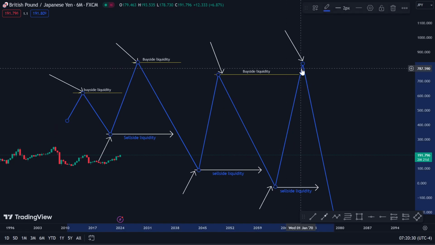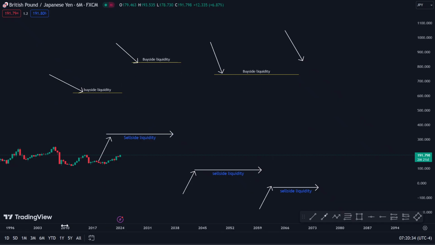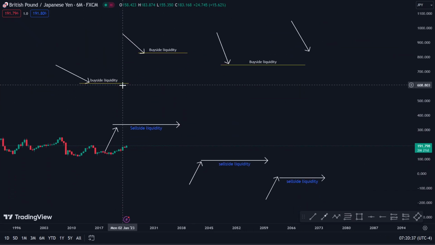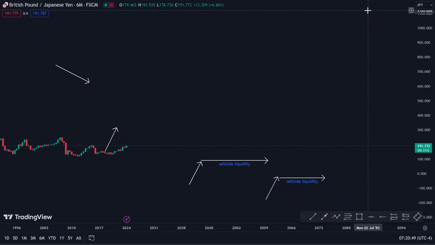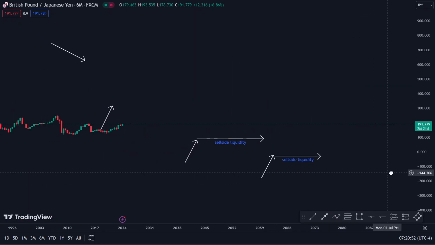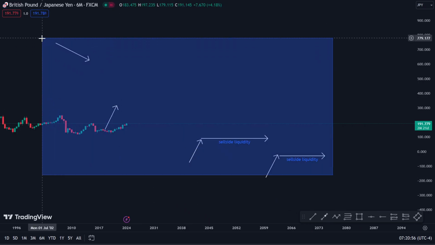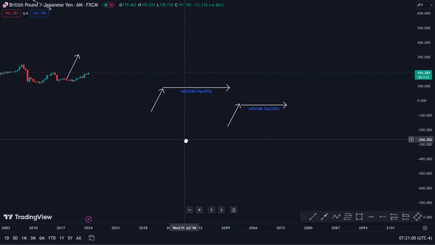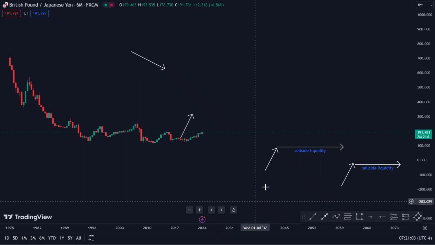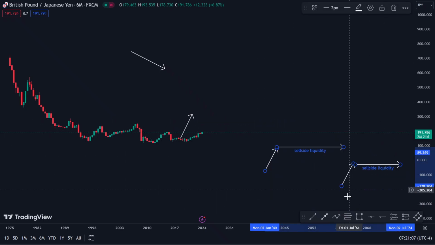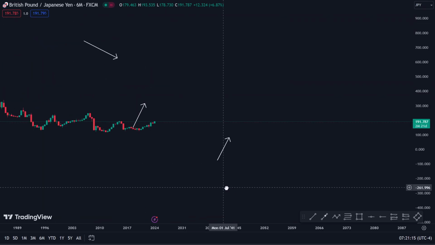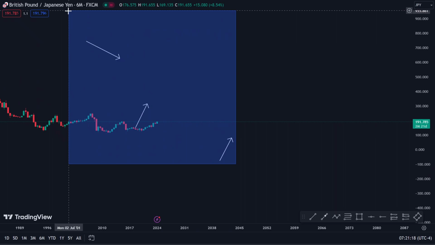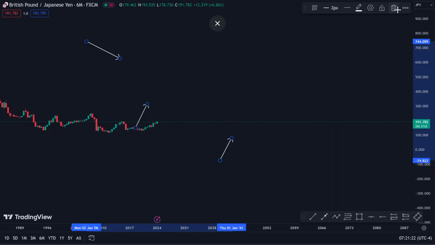Now allow me to do away with this, and we hop onto the chart and probably get an example. So let's just do that.